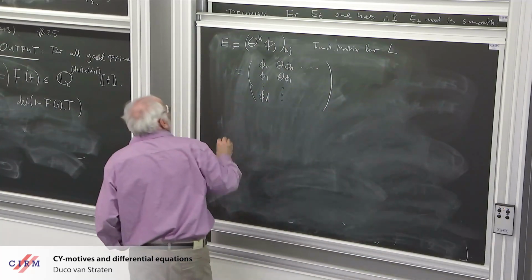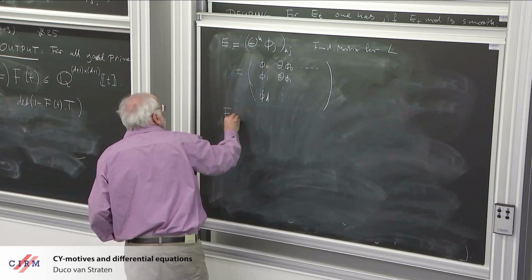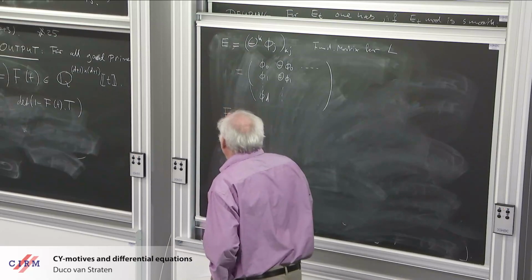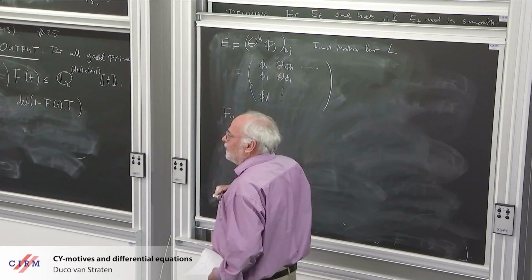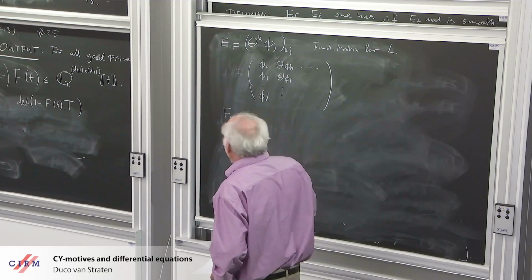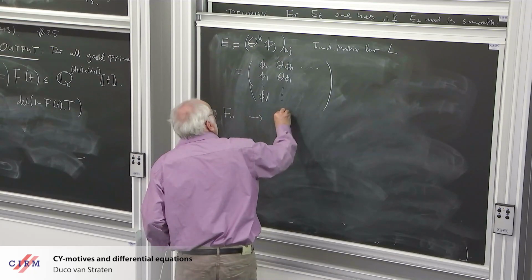And now I take a matrix F0, which is the putative Frobenius matrix at the MUM point. And from that, I construct Ft.